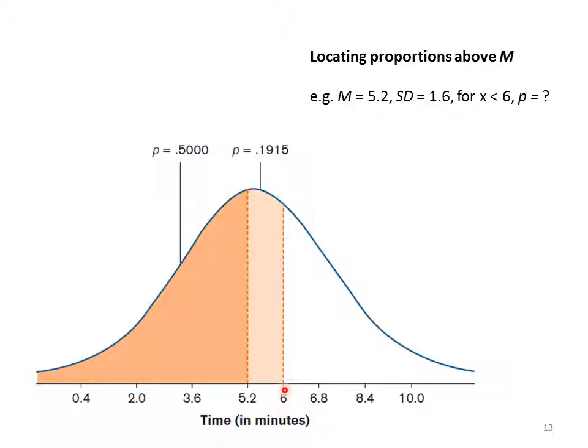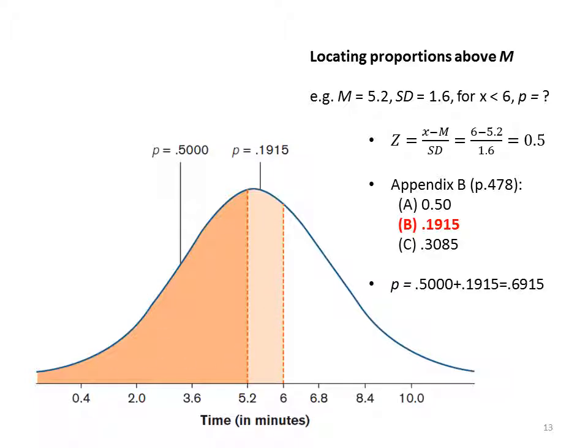To obtain a score smaller than 6, we should add up this area and the pink area. The z-score is the deviation divided by standard deviation, so the z-score is 0.5.